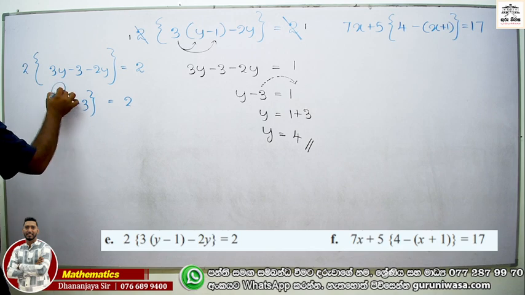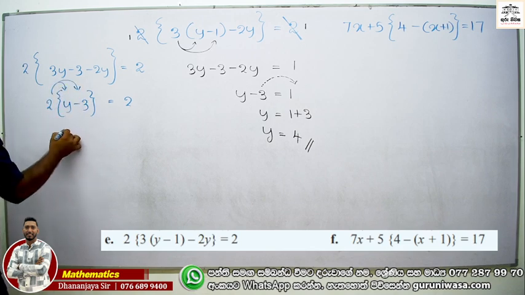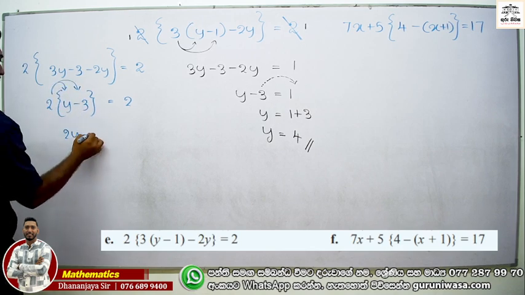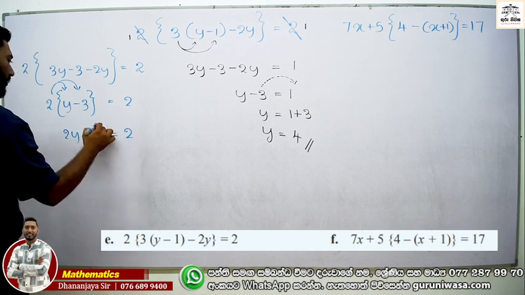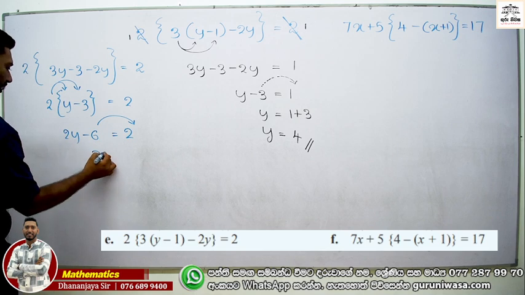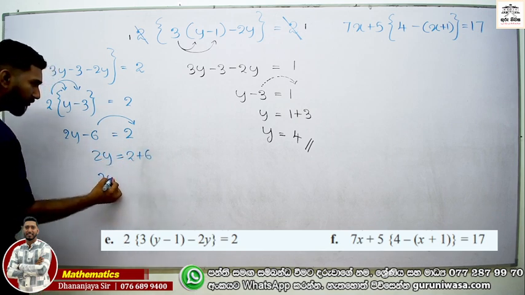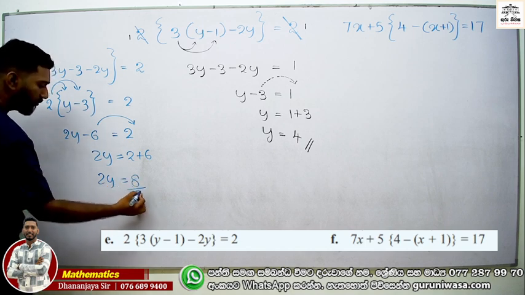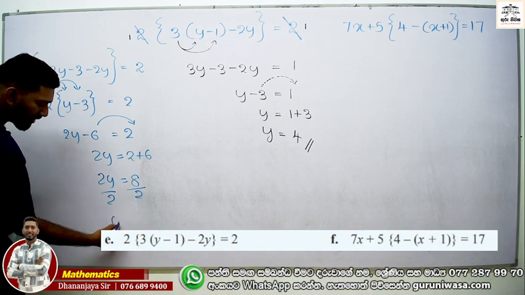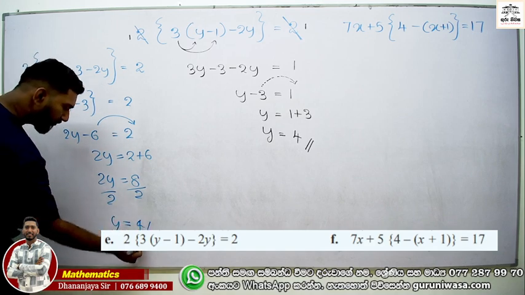Now 2 multiplied by y is 2y minus 6 equals 2. Minus 6 goes to the other side, and 2y equals 2 plus 6, and 2y equals 8. Both sides are divided by 2. Now y equals 4.